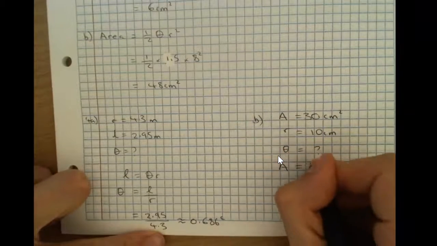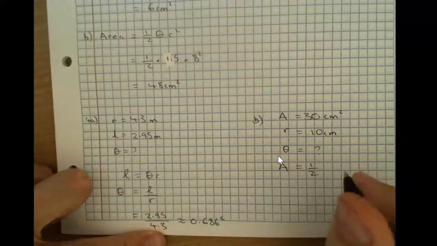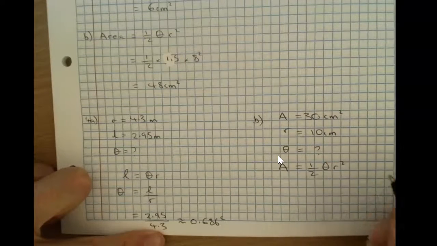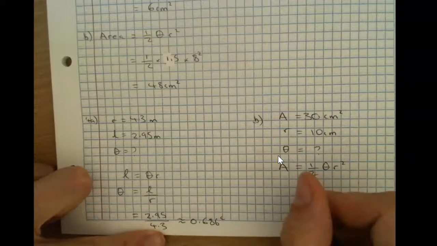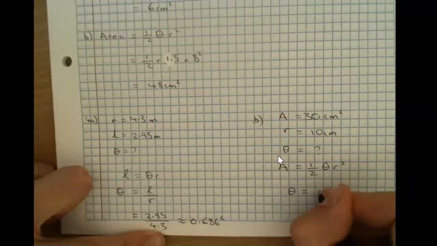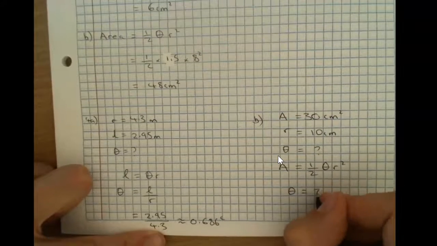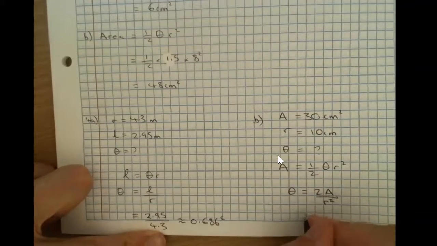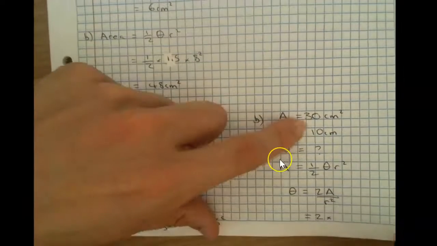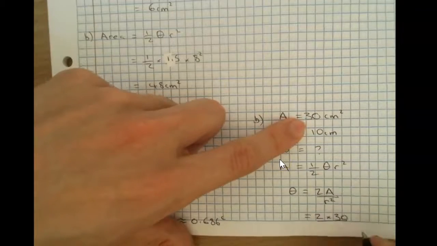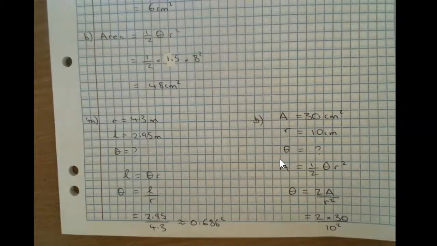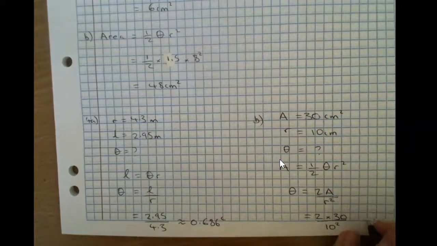A is equal to a half theta r squared in terms of radians. And let's just rearrange so theta is by itself. So theta is going to be equal to 2A over r squared. 2 times the area over the radius squared, which comes out to 0.6 radians.